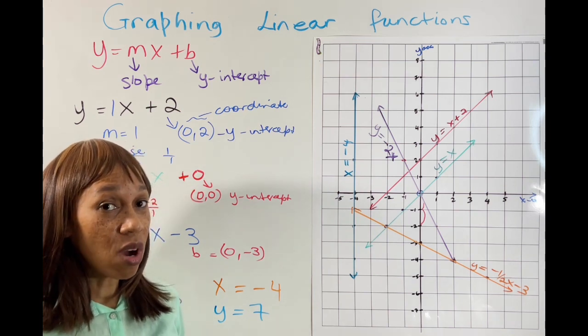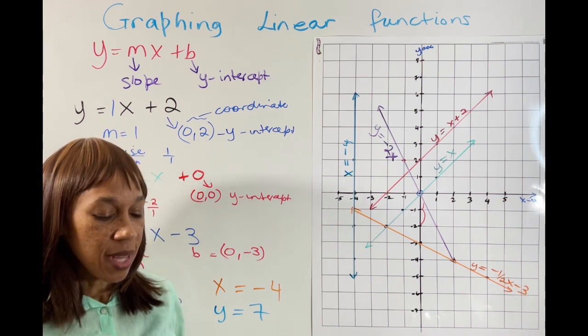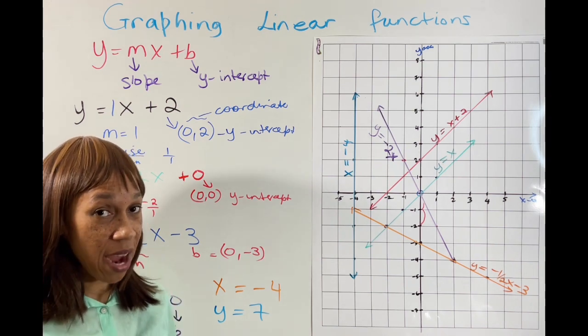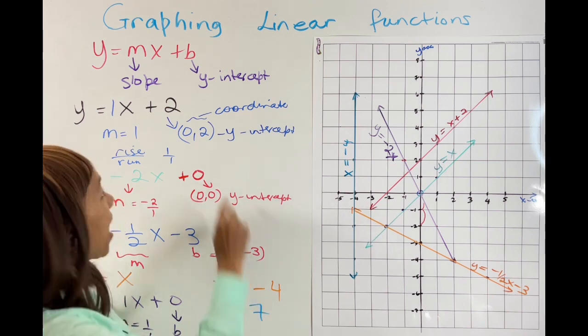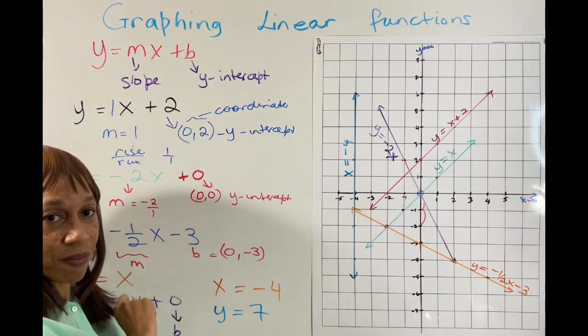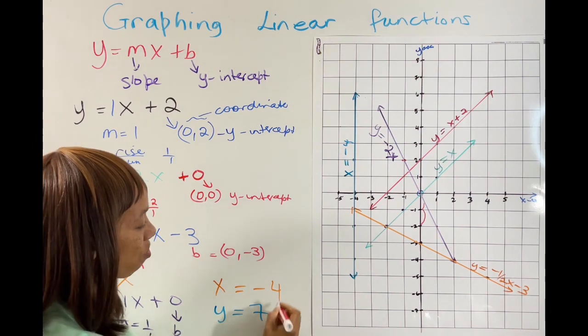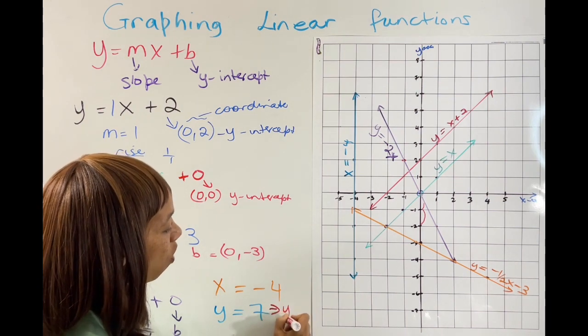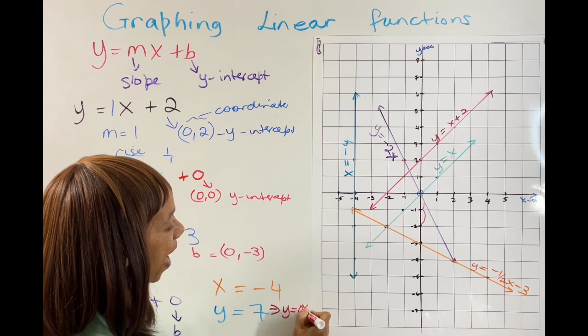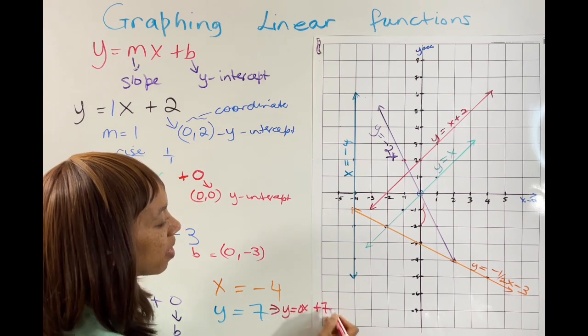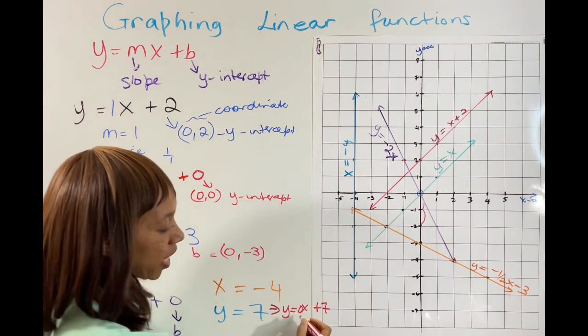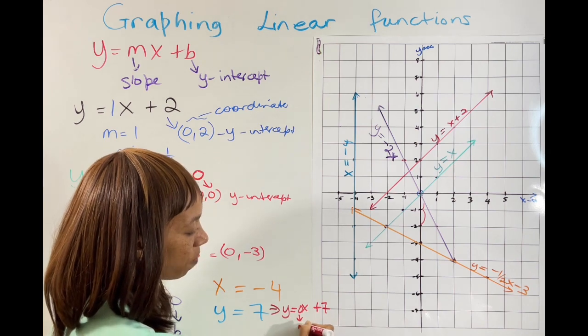Your mx is missing. And because your mx is missing, you can rewrite this as y equal 0x plus 7. And because you now have 0x plus 7, your slope is 0.